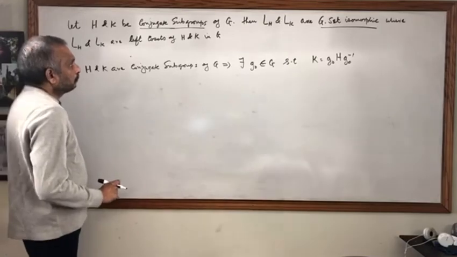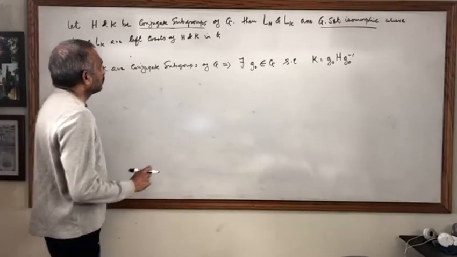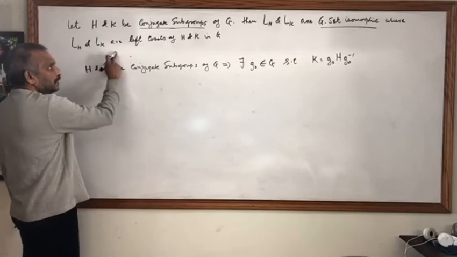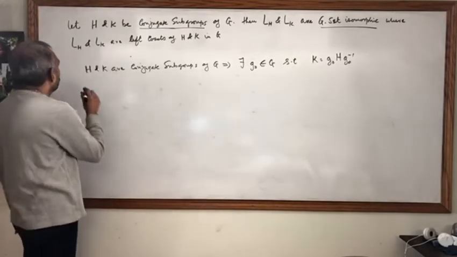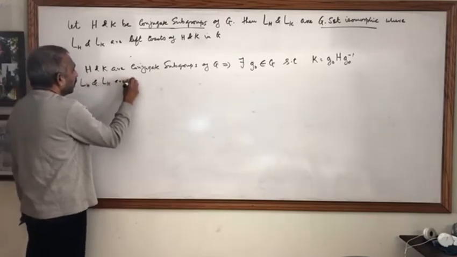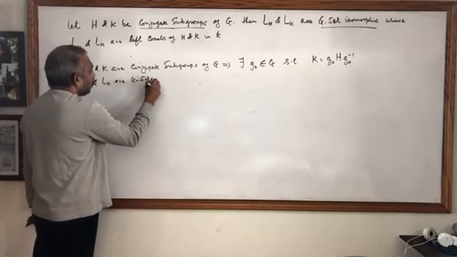So, we know that left cosets of any subgroup form a G set. So LH and LK are G sets. We already showed that.